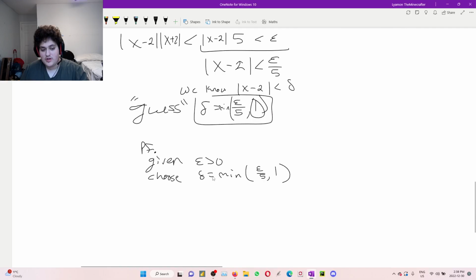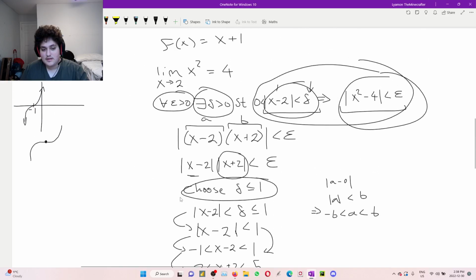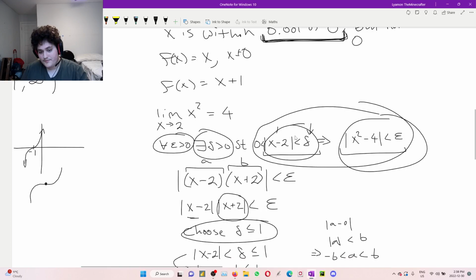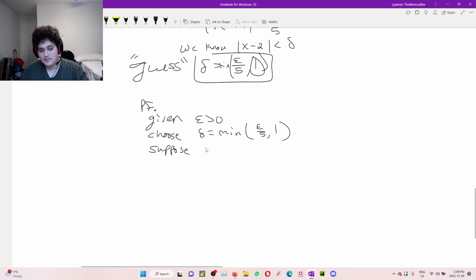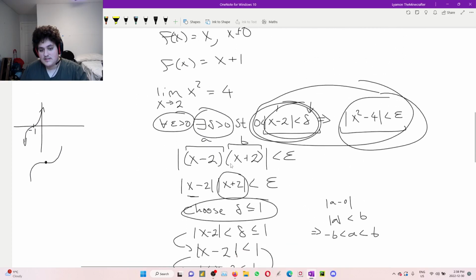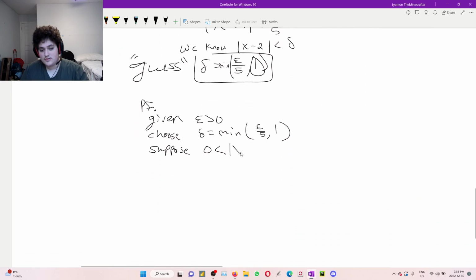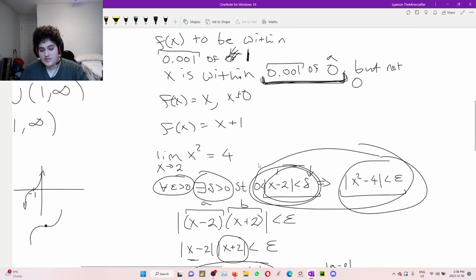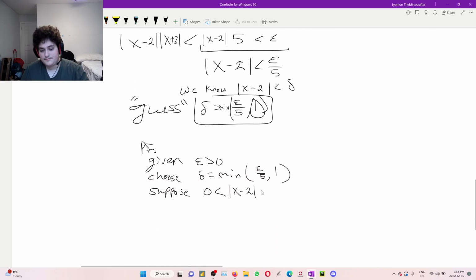Then we want to suppose that this is true, right? We're supposing that 0 is less than absolute value of x minus 2, which is less than delta.